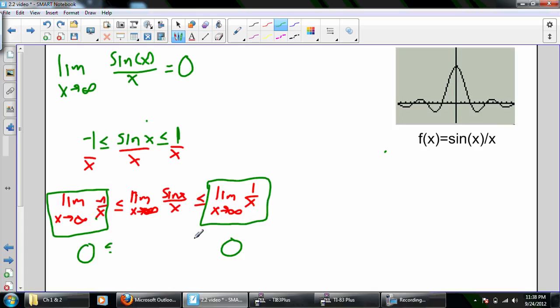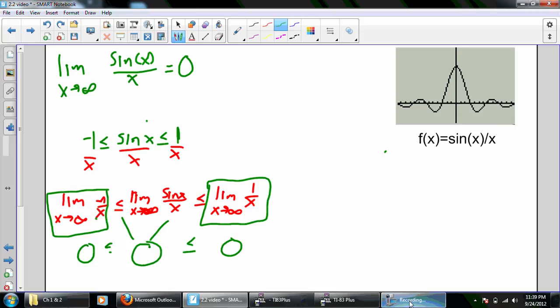Well, what about our sine of x function? What happens to this? Well, the limit as x approaches infinity of sine of x over x, well, if this is 0 and this is 0, there is no other choice but for this to also be equal to 0. It has to be. It gets squeezed in between those two.